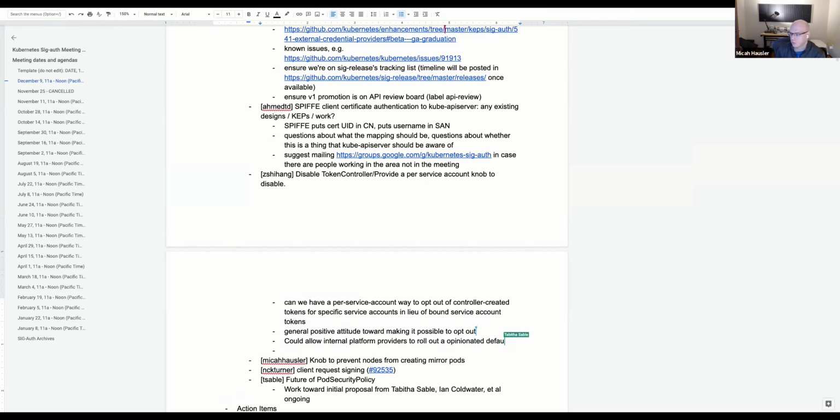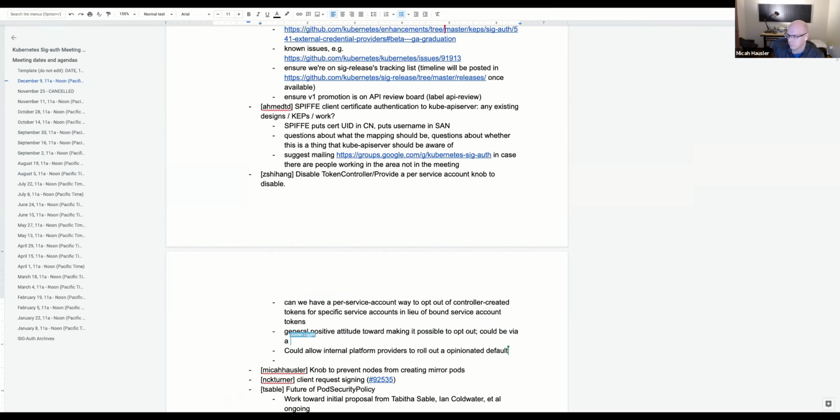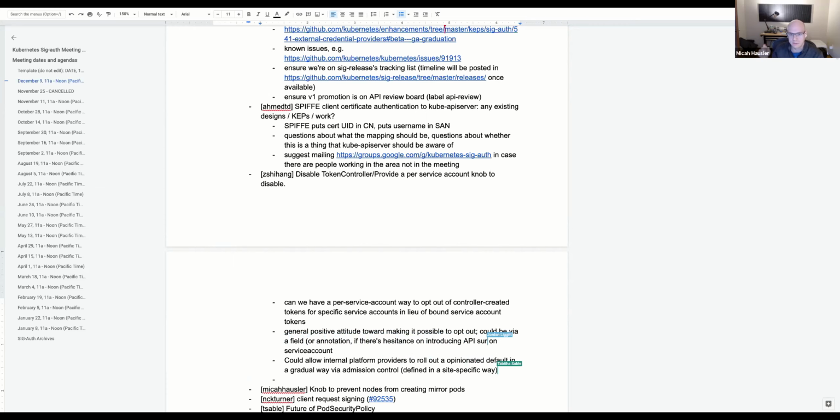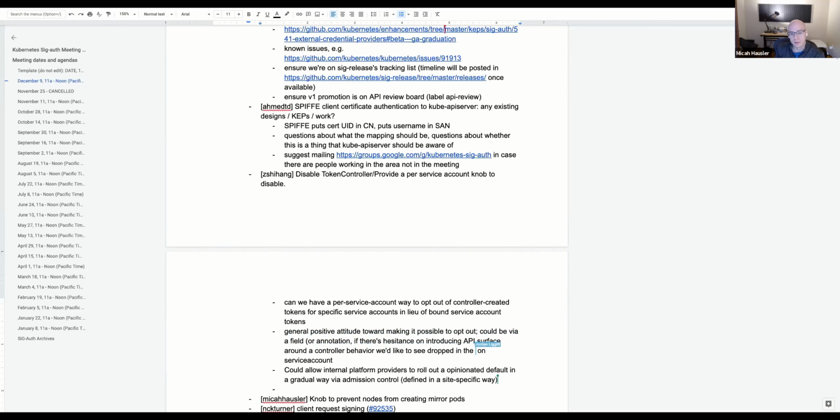For anyone who's not aware, if a node is compromised, there's a number of different things that can go wrong after that. Nodes can create what are called mirror pods, also called static pods, which are local only to that node. They cannot get scheduled somewhere else, and can't use things like service accounts or config map mounts into the pod, but they can have arbitrary labels.